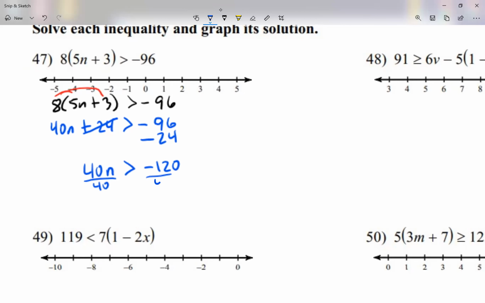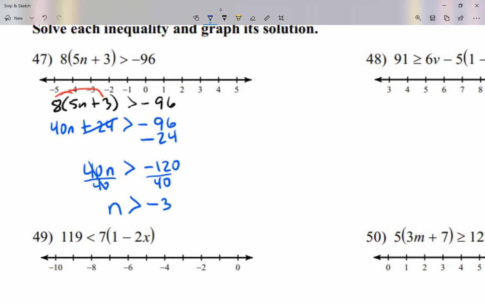I'm dividing by a positive, so my sign is not going to change. So I get n, right? Because those 40s cancel out. So n is greater than negative 120 divided by 40. I know negative divided by positive is negative. 120 divided by 40 is 3. So n is greater than negative 3.